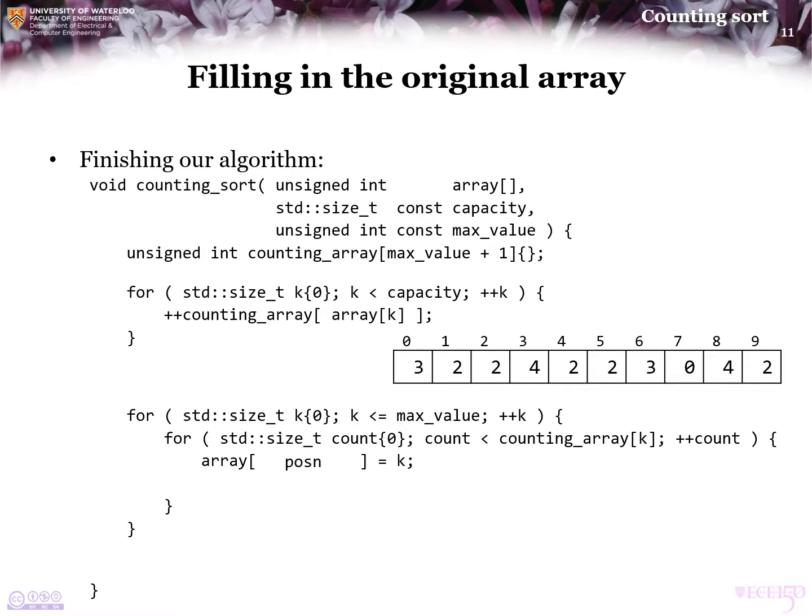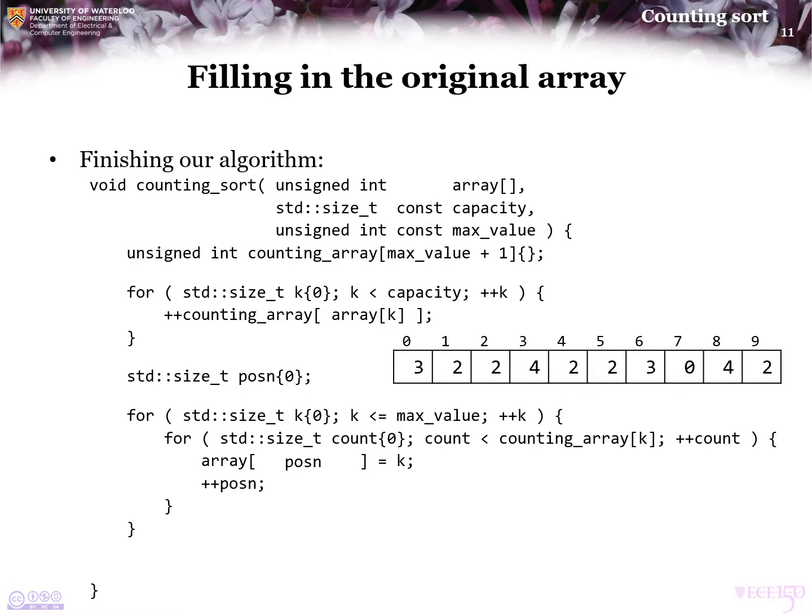So this index into the original array must be initialized outside of our for loops. So position is initially 0, so we're first going to update the first entry of the original array. Once we have done that, then we will increment the position and we will update the next entry, and so on and so forth.